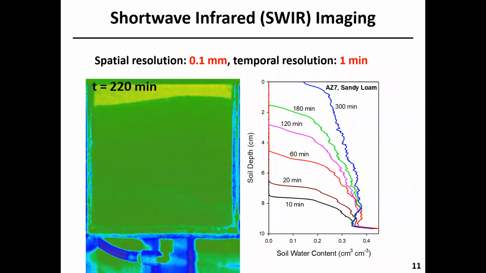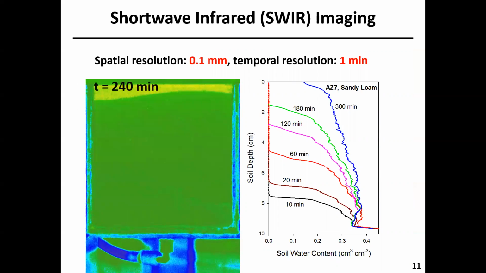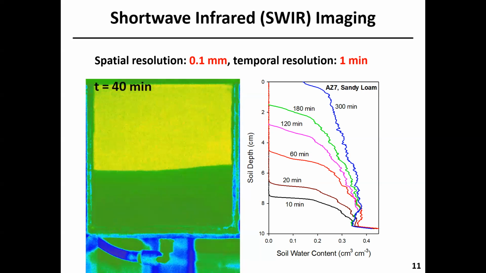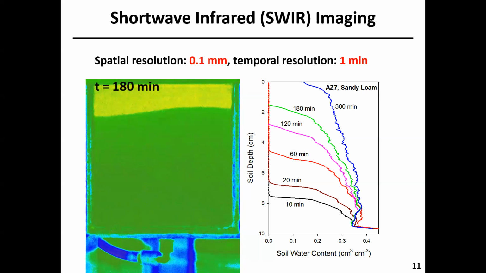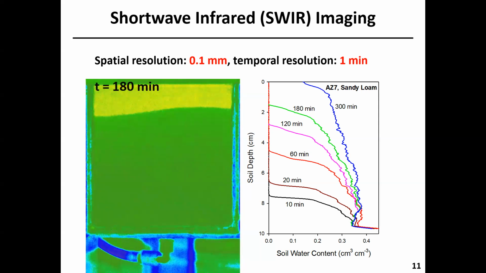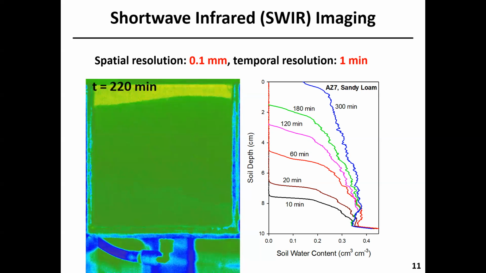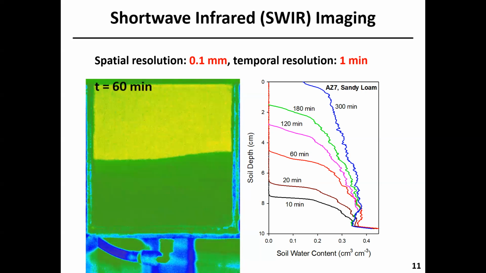So in this slide, I'm showing results of the camera imaging for various times during the flow experiment. And it's one example for one of the soils, AZ7, which was a sandy loam soil. And using these images and also the proposed linear physically based model, we could scale the optical data into soil moisture data with a very high spatial resolution, for example, here 0.1 millimeter, and high temporal resolution, 1 minute here.